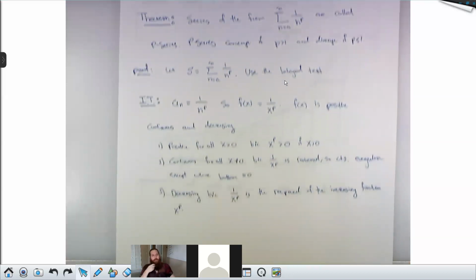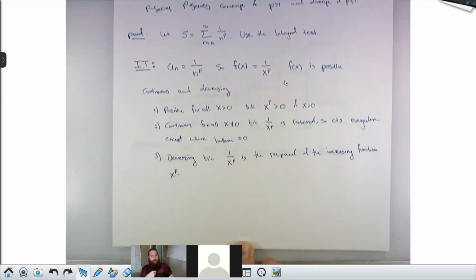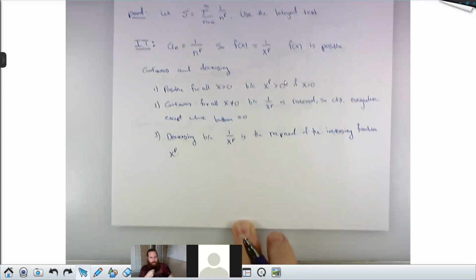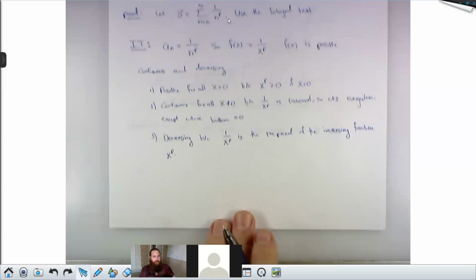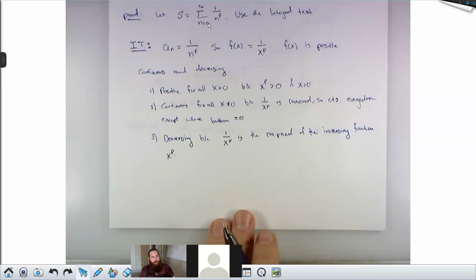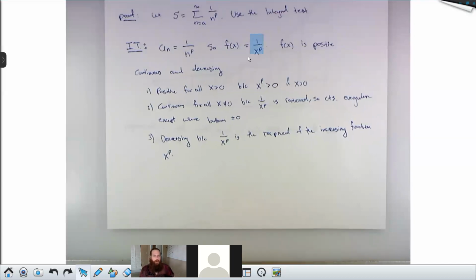So we get positive, continuous, and decreasing pretty easily. This function has to be positive if you feed it positive x's. I mean, depending on the power p here, it might be positive even for negative values of x, but I'm only interested in positive values of x because my sum is running over like 1 to infinity or 0 to infinity, something like that. So yeah, this is definitely a positive function.